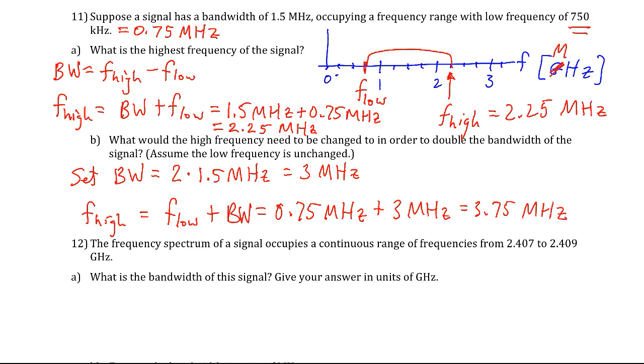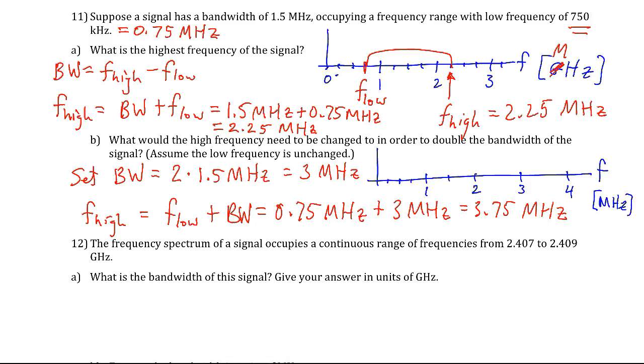And what I'm going to do now is draw another picture that goes up a little bit further, say 1, 2, 3, 4, F in megahertz. And again, I'm going to divide each megahertz up into 4 pieces.